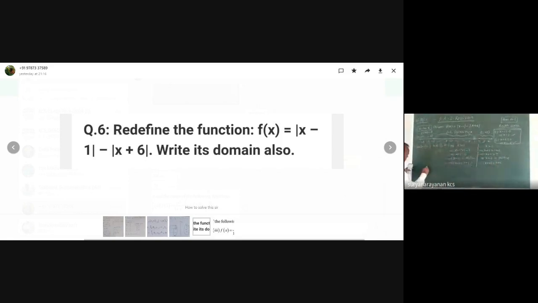Now f of x is equal to mod x minus 1, which is x minus 1, minus mod x plus 6, which is x plus 6. X minus 1 minus x minus 6, x gets cancelled. So f of x is equal to minus 7.